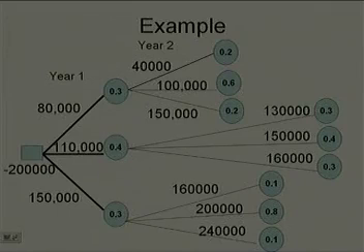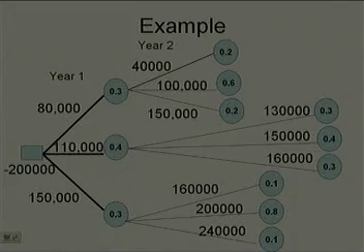Now, why am I calling the 2 cash flows dependent? Because this year 2 return will be possible only when the return at the end of year 1 would have been 80,000. In that sense, they are dependent.